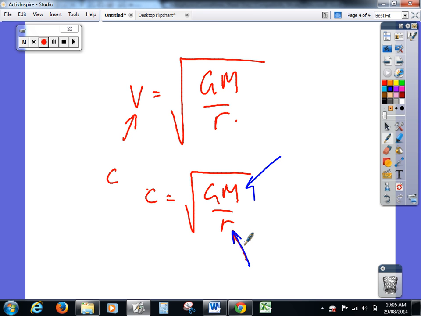If that becomes C, the speed of light, then the escape velocity of the neutron star that is left over is such that the escape velocity would have to be light, travelling faster than the speed of light. So light cannot escape this star. If light cannot escape the star, nothing can escape the star. And in this case, we call it a black hole.